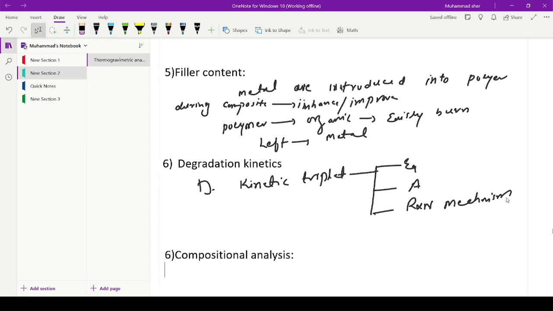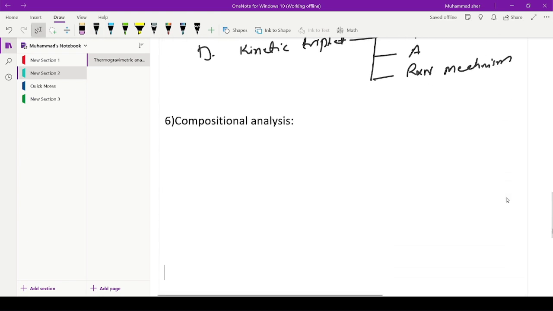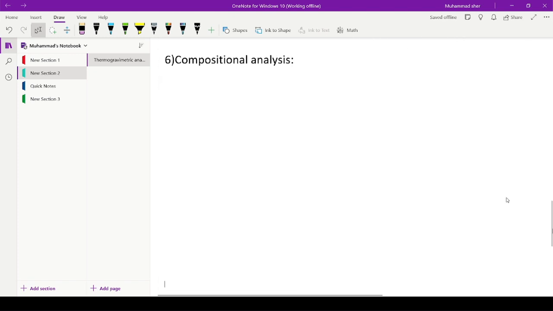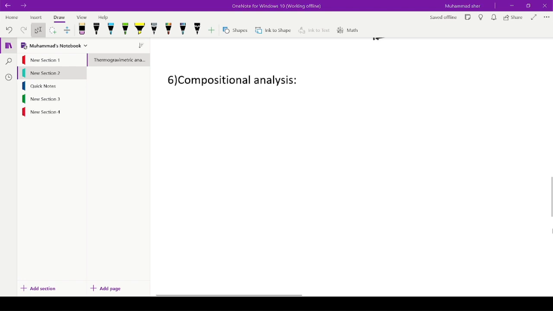Now, let's move to the composition analysis, which is the most important part of this lecture. To study the composition of any compound, let's select one example, and we will study at which stage of the thermogram which element has been lost from our selected compound.